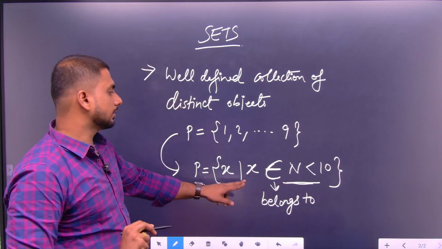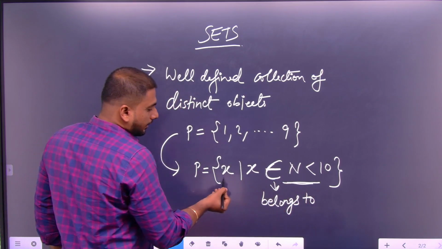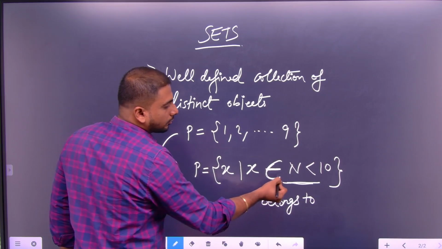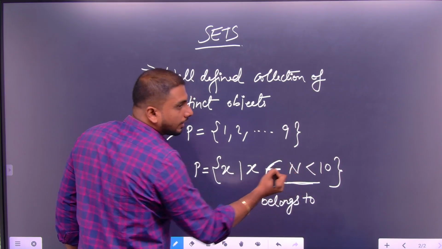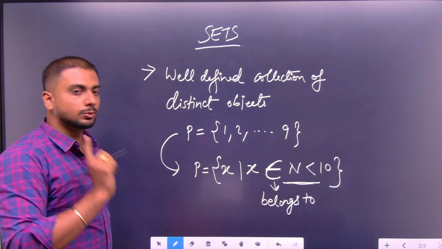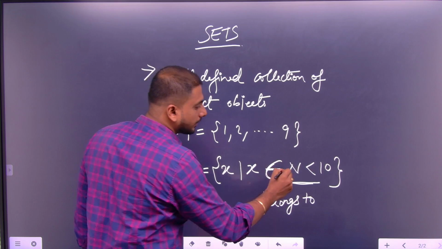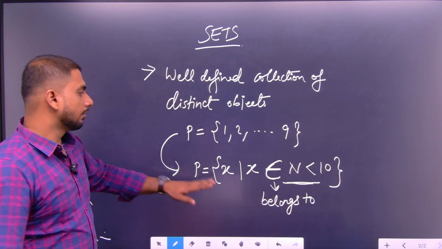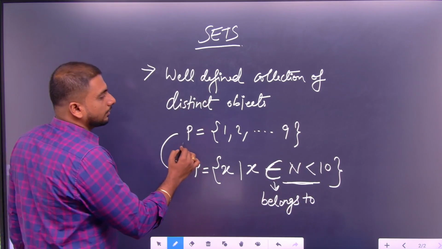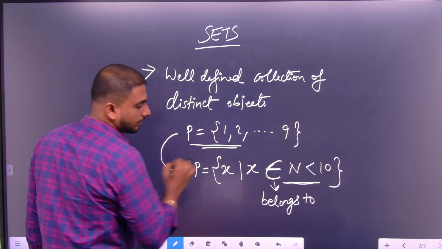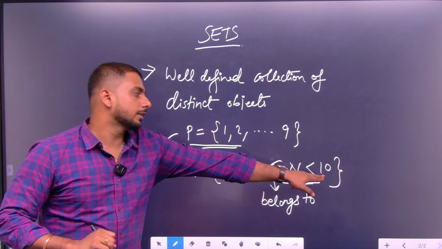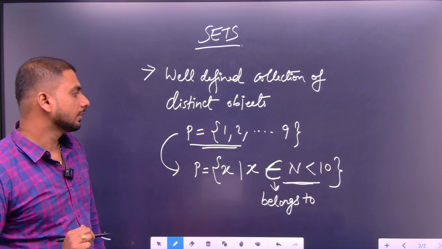So what does this statement mean? P is a set in x where x belongs to natural numbers, and as I mentioned earlier, N is used to denote natural numbers that are less than 10. Will this condition actually meet this statement? Yes. x belongs to natural numbers that are less than 10.